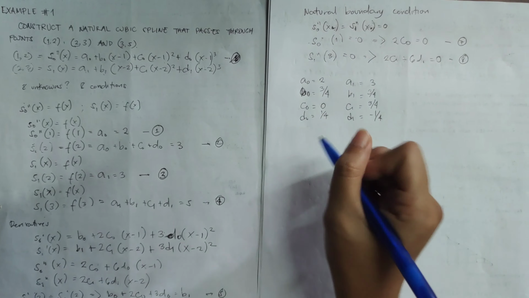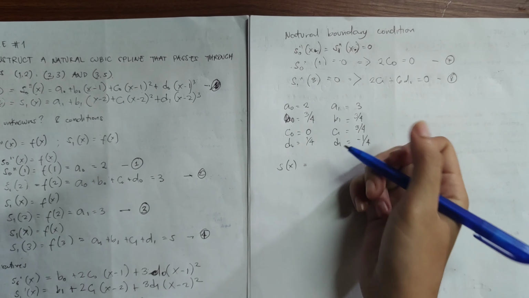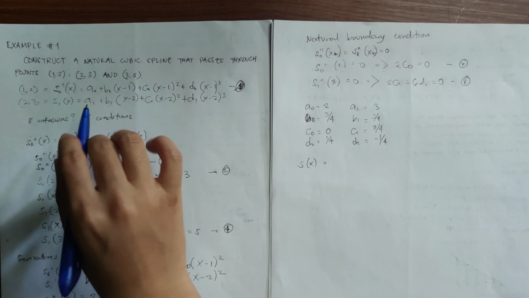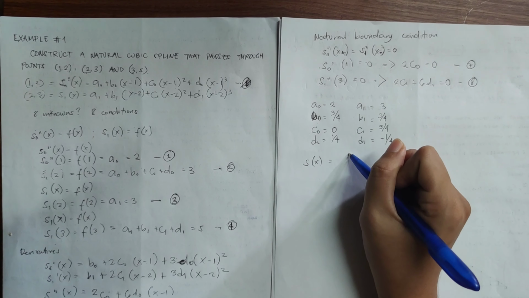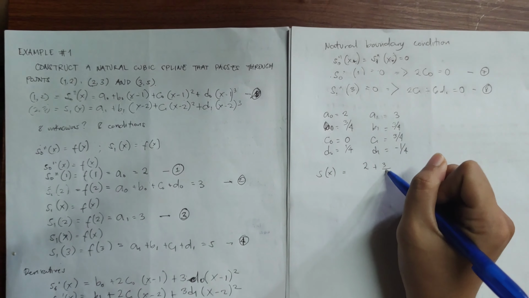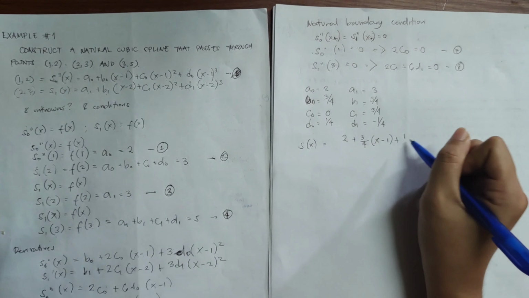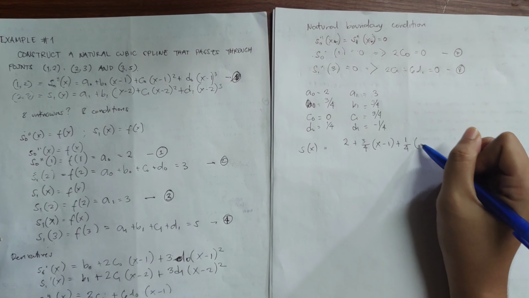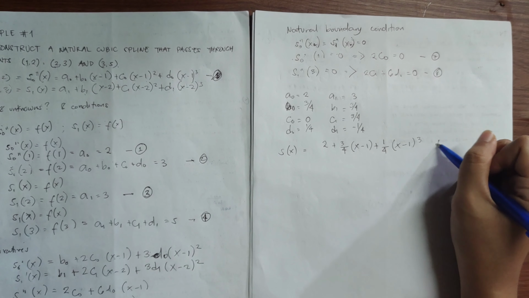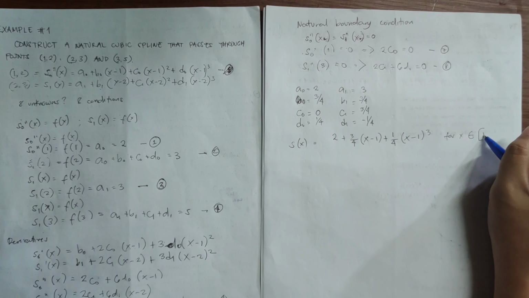So, ang equation ng spline na to is makukuha natin, S of x equals, from this equation, 2 plus 3/4 times (x minus 1) plus 1/4 times (x minus 1) cubed, for x in the interval of 1 to 2.